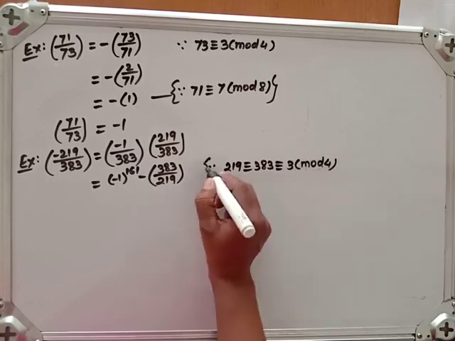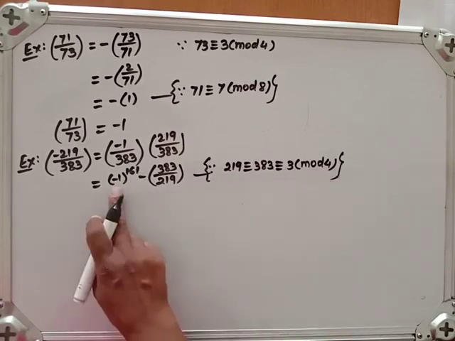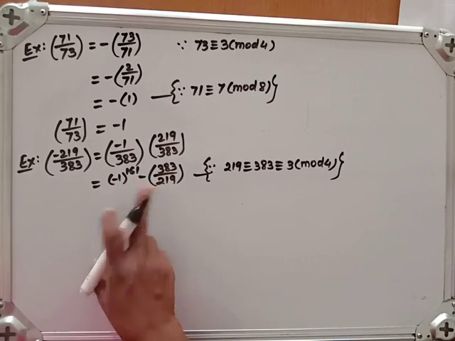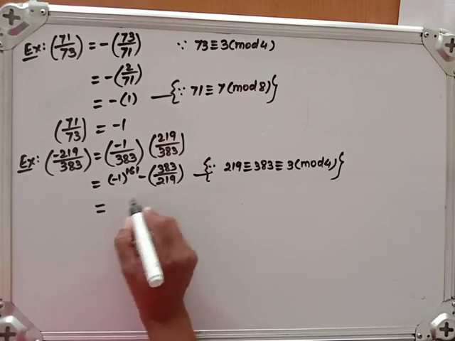That's why this is minus. This minus and this minus: the odd power gives minus 1, so minus and minus will become plus. So this will be the Legendre symbol of 383 upon 219.